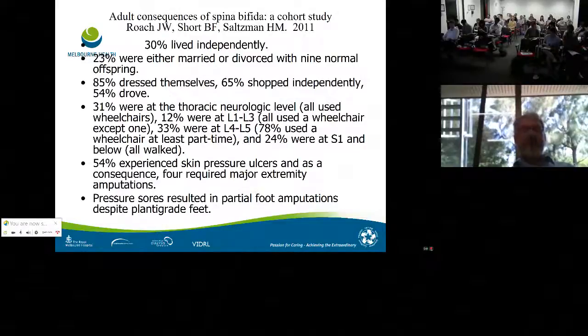A smaller number were at the upper lumbar areas, and all used the wheelchair except one.